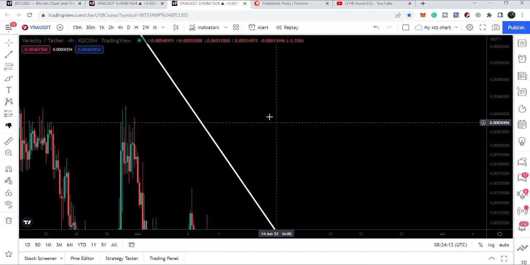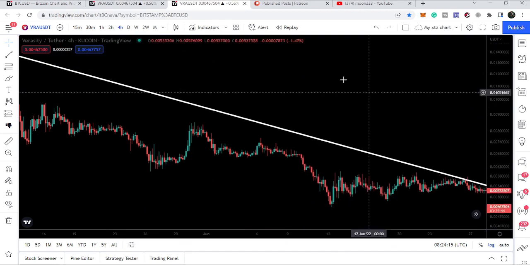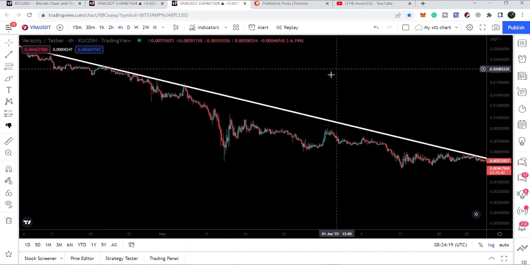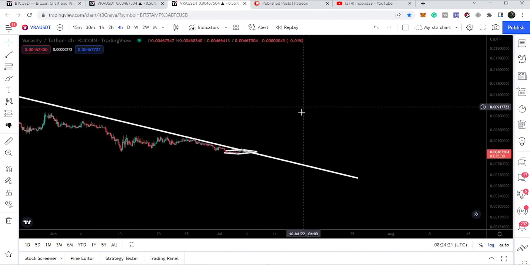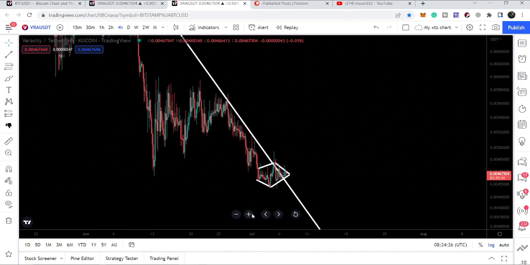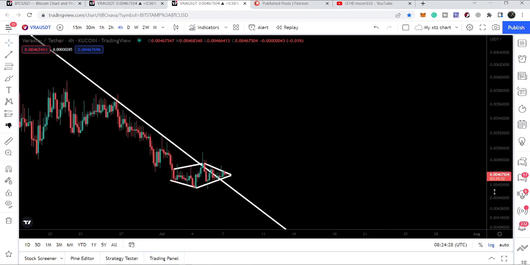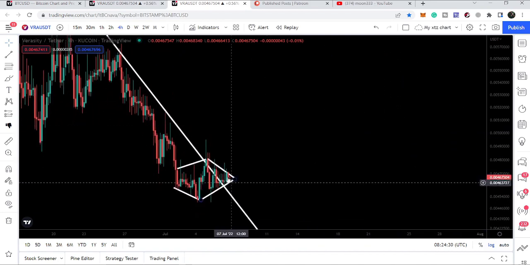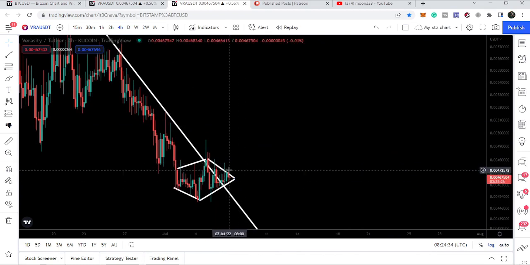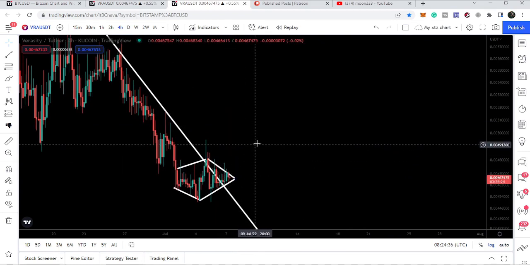You can see it was a very strong resistance, and Verasity was not able to break out of it; every time it was getting rejected. And now Verasity is above this resistance, and now this resistance can work as a support. Therefore, there are more chances for the breakout from this diamond bottom pattern, and then we can expect that it will continue its move to the upside.